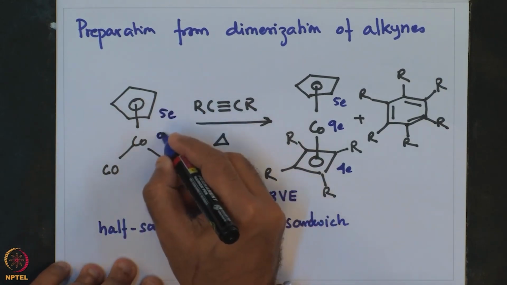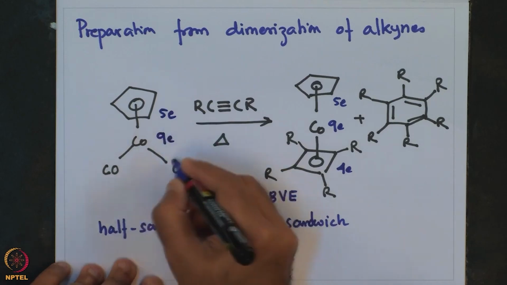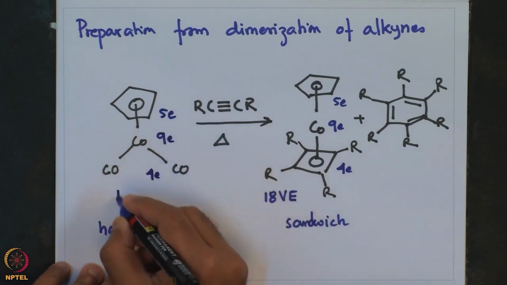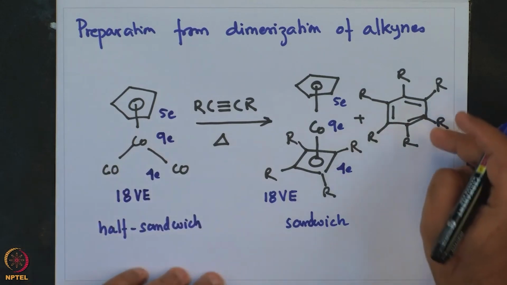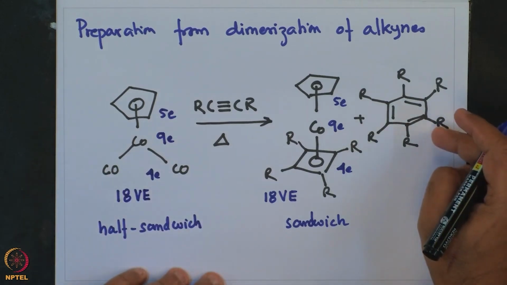5, 9 and 2 carbonyls, 4. So this also is an 18 valence electron species along with the formation of benzene.